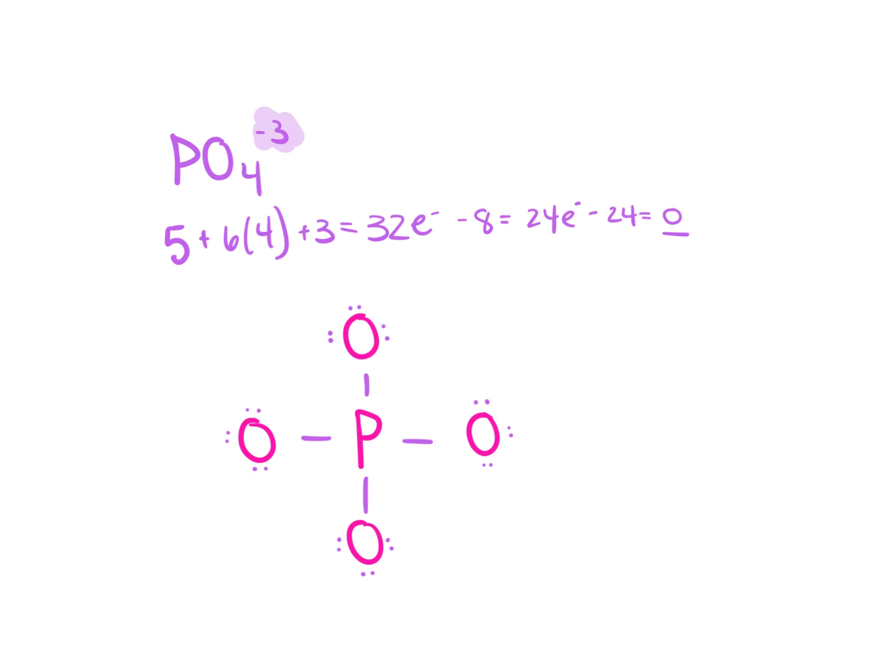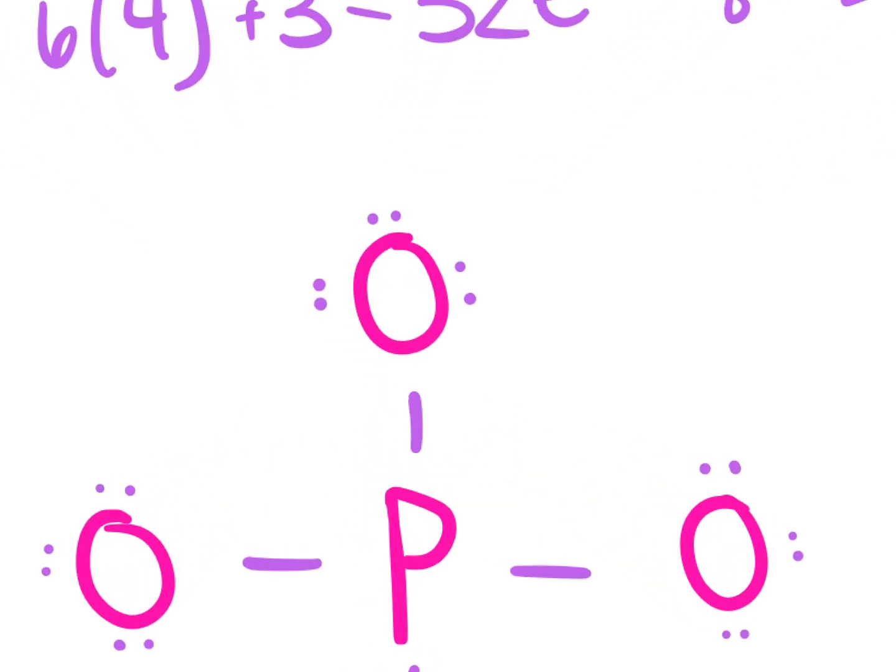And so maybe you're asking, how do you know the difference? Here's how we know. I want us to look at a single oxygen atom. How many valence electrons did oxygen bring with it? 6. But let's count this.